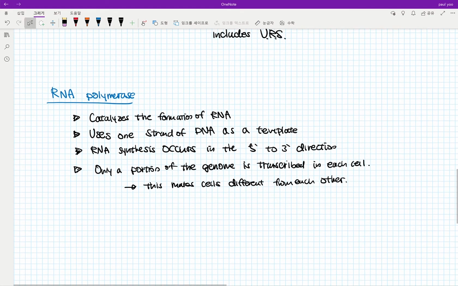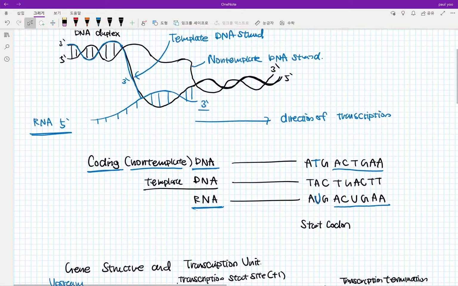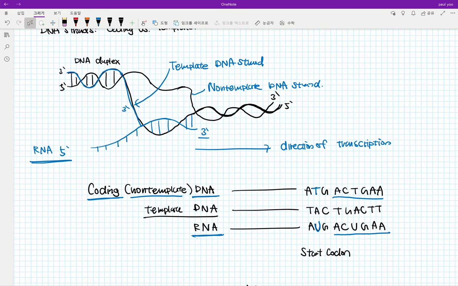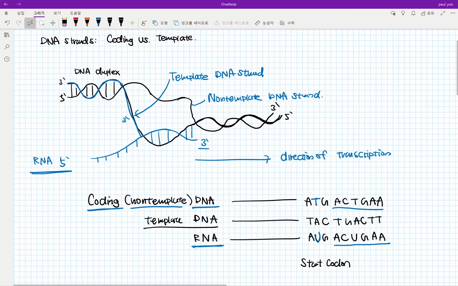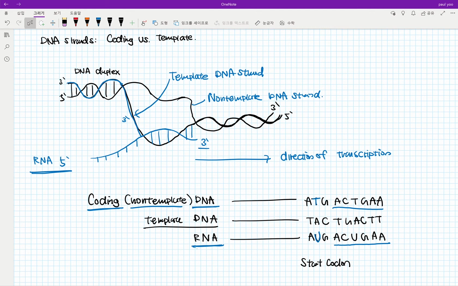So let's go to this picture one more time. So this picture shows the coding strand and the template strand, and RNA polymerase reads the template strand to produce an RNA that is the same sequence as the coding strand. Good.